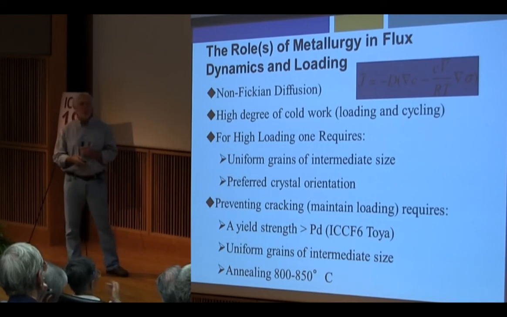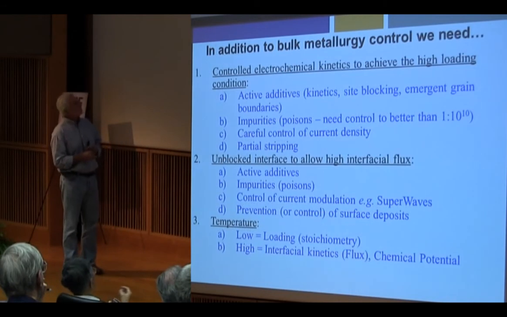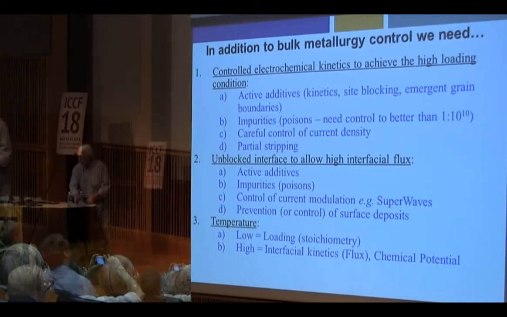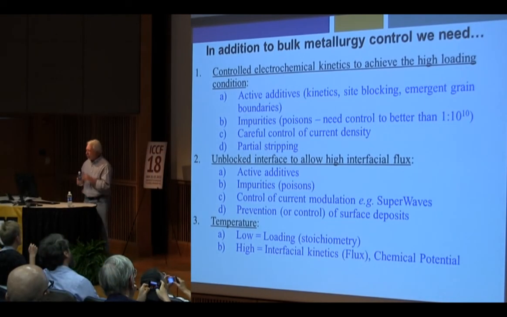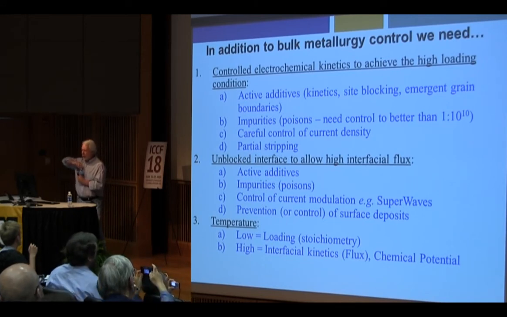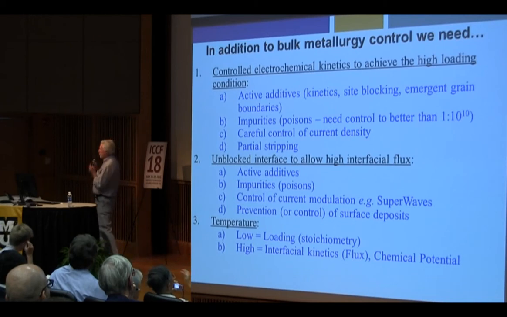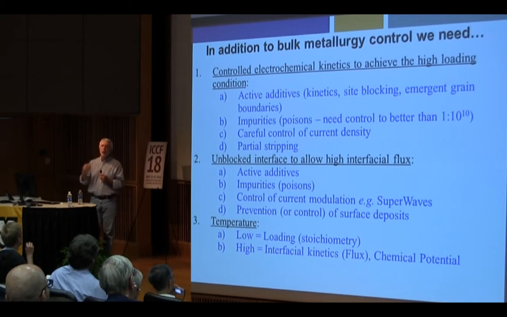So much to do, so much to think about. In addition to control of the bulk metallurgy, we need to control an awful lot of things. To control the electrochemical kinetics, you can add additives designed to do specific things: increase the kinetics, block the sites of recombination.